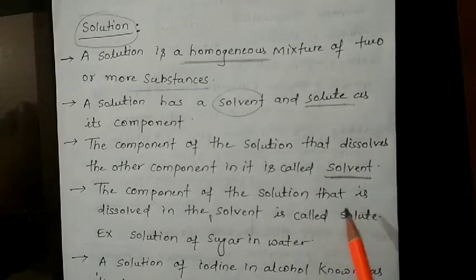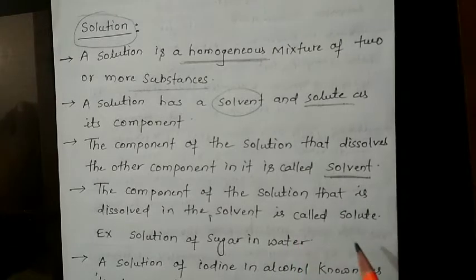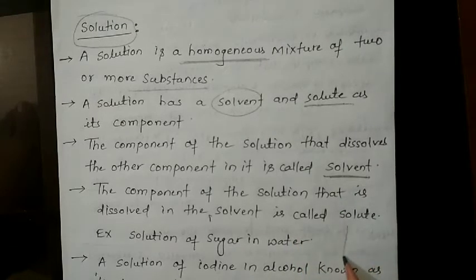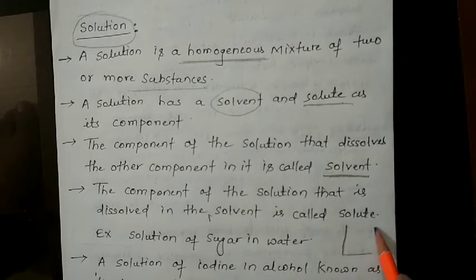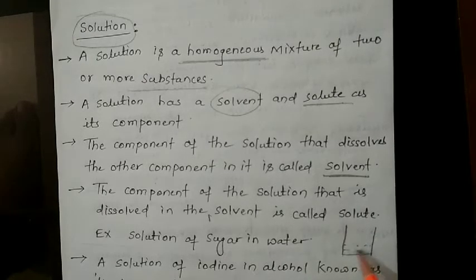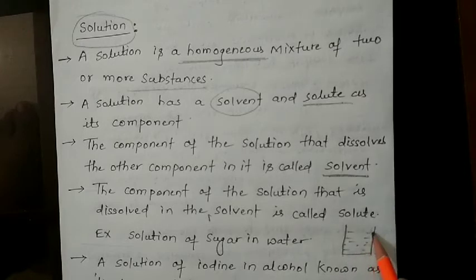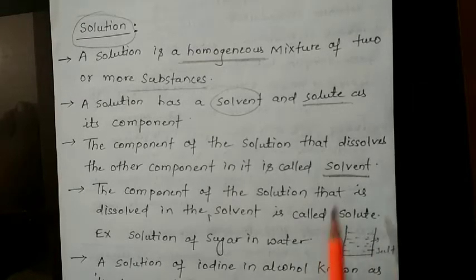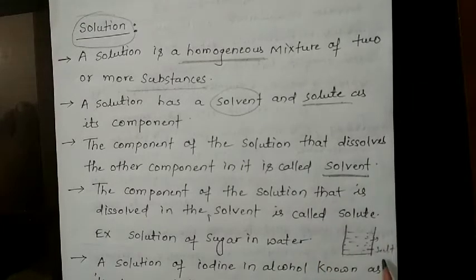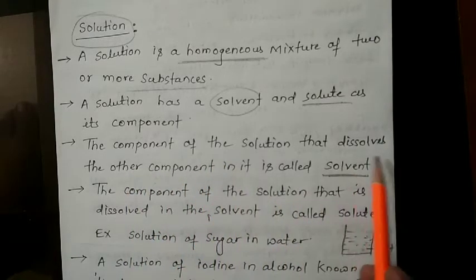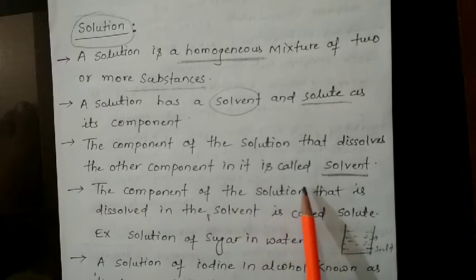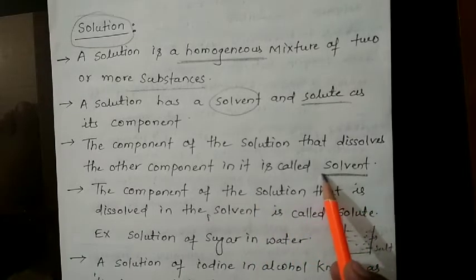Suppose we have taken a beaker and in that beaker we have filled water and we added a small amount of salt. So here water is called the solvent and salt is the solute. The component of the solution that dissolves the other component in it is called the solvent.